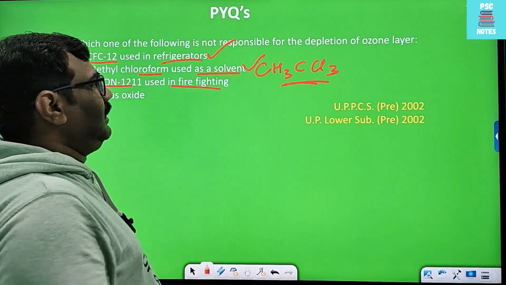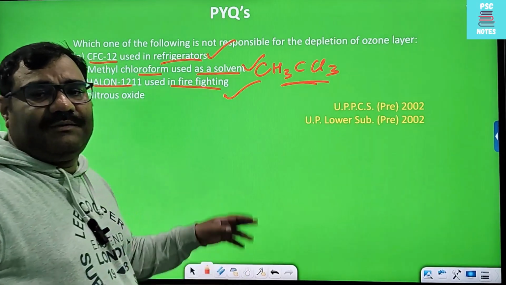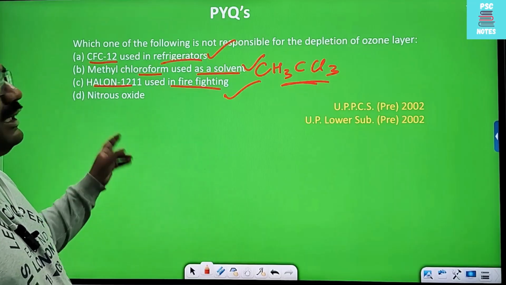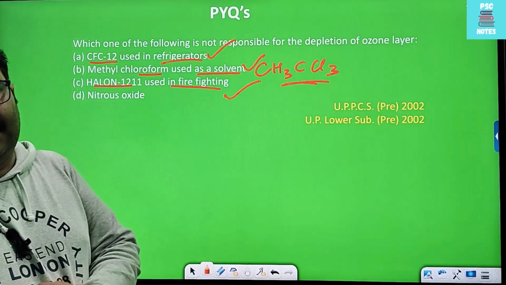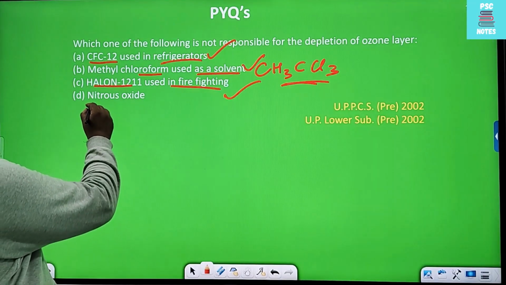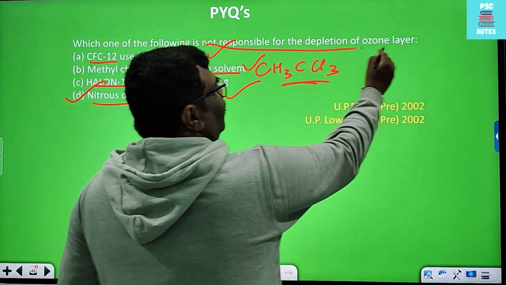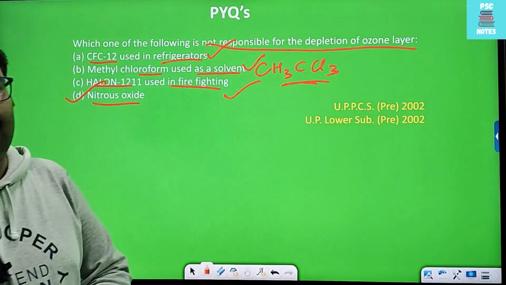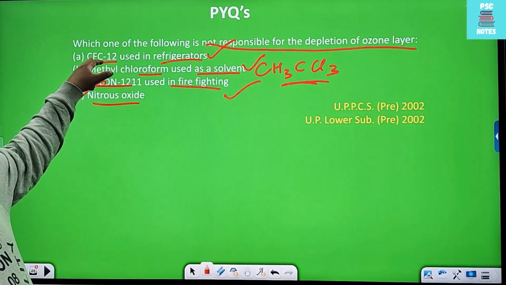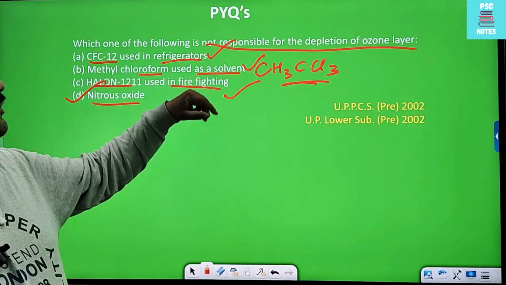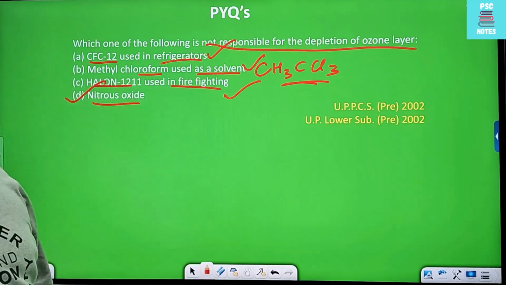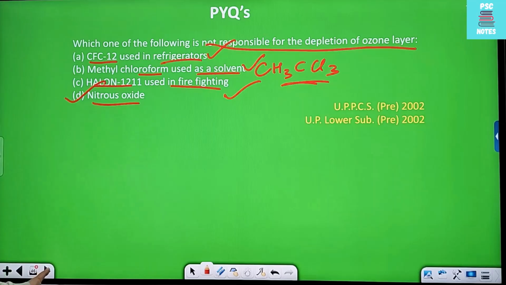It also releases free chlorine which causes ozone depletion. So finally the nitrogen oxide. So nitrous oxide, it is not responsible for the depletion of ozone layer. So we see that all three CF12, methyl chloroform and halon 1 to 1, all three deplete the ozone layer.